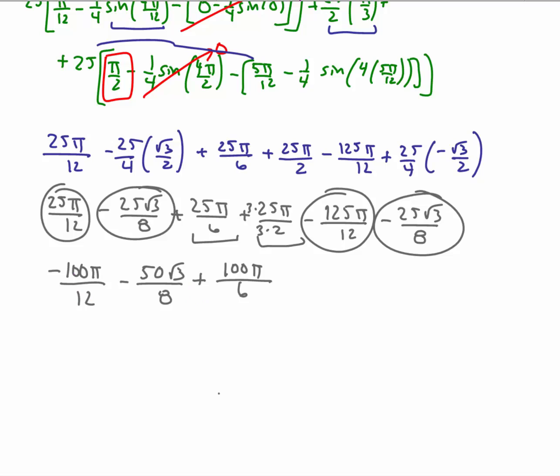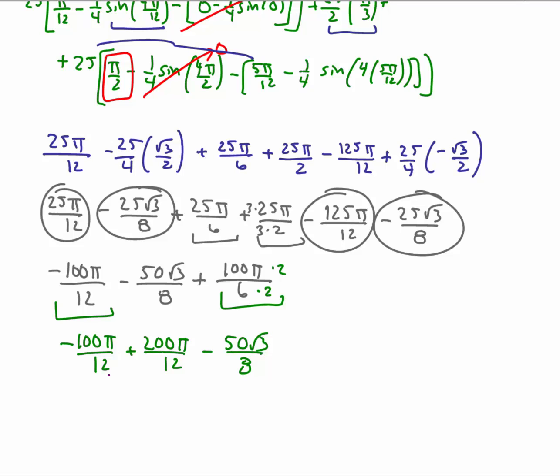Okay, so then I can combine these two. If I multiply top and bottom by 2, so I get that common denominator. So I end up with a negative 100 pi over 12 plus 200 pi over 12 minus 50 root 3 over 8. So 200 pi minus 100 pi is 100 pi over 12 minus 50 root 3 over 8.